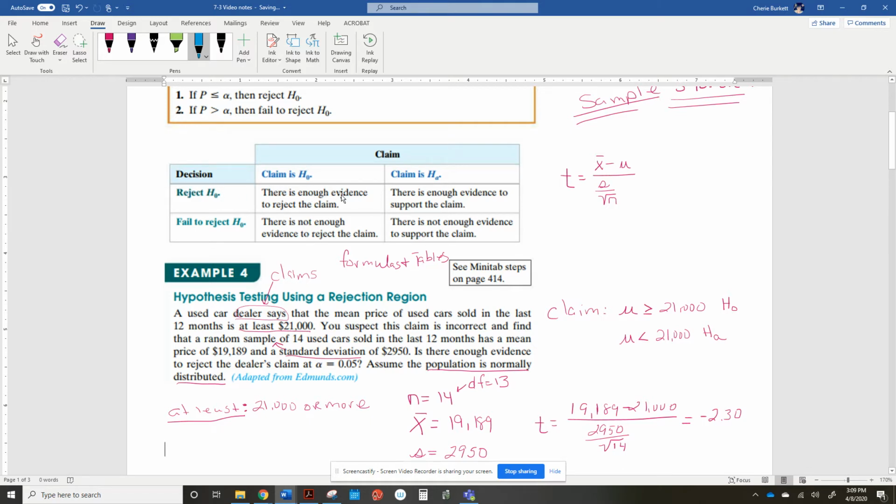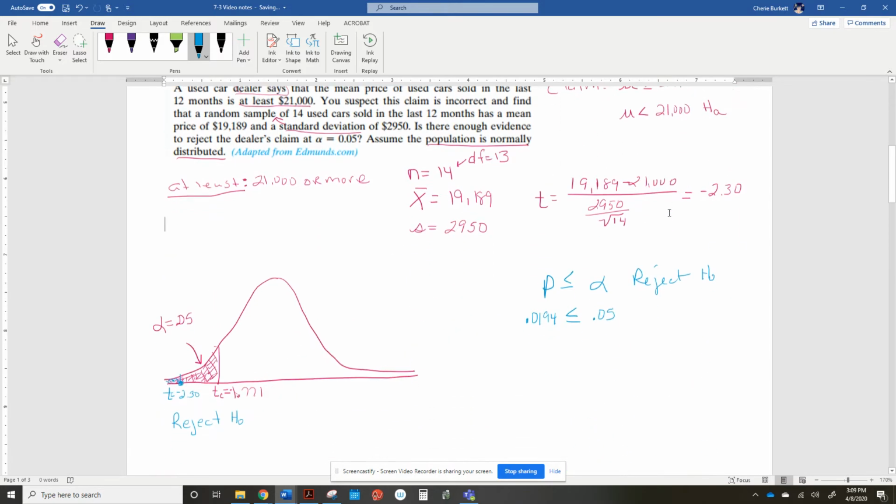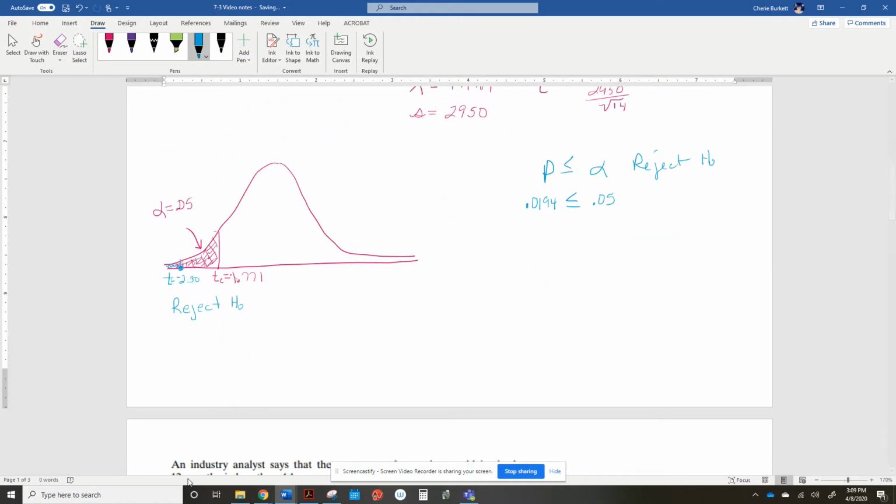So here's my sentence. There is enough evidence to reject the claim. So I write, there is enough evidence. Sorry, I'm holding my pen at the wrong place, evidently.